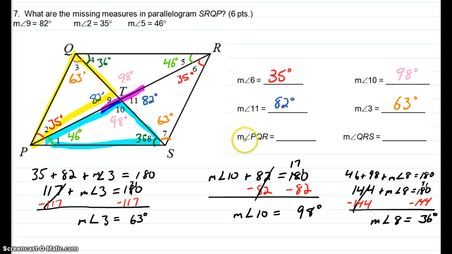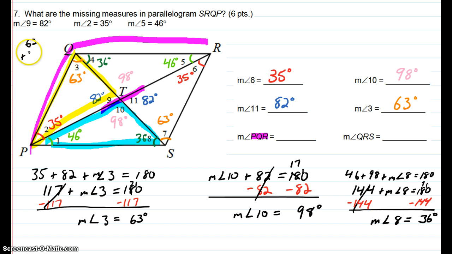So now we're going to find the measure of angle PQR. So we'll do PQR, so it's going to be these two angles added up. So we're just going to do 63 plus 36, and that's 99. That's 99 degrees.